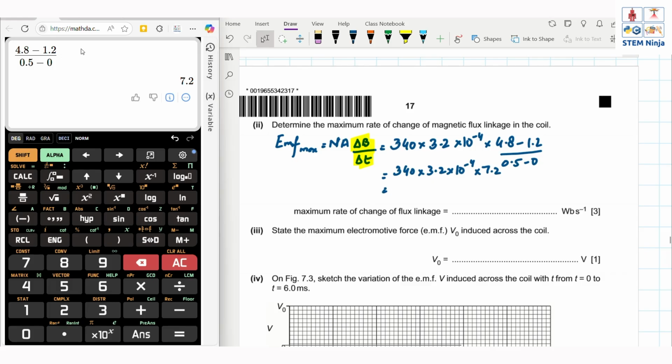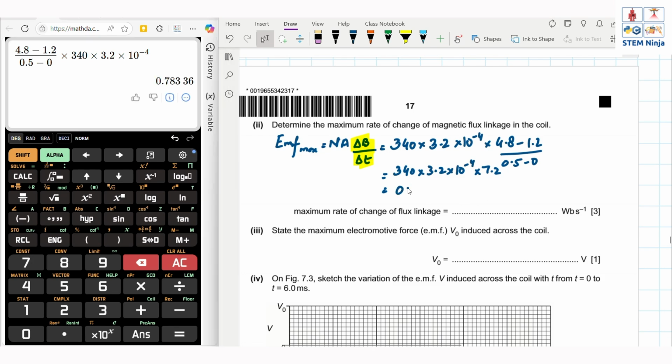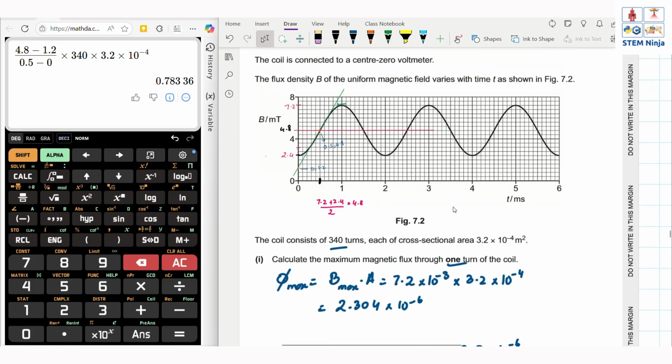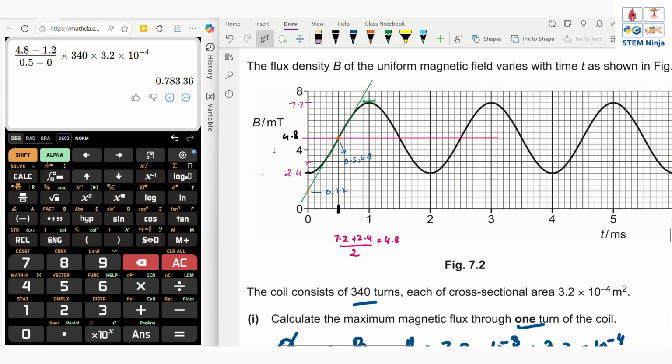We get 0.78. Since this answer depends on us taking a gradient and the values over here will differ from student to student. Slight variations are acceptable over here.